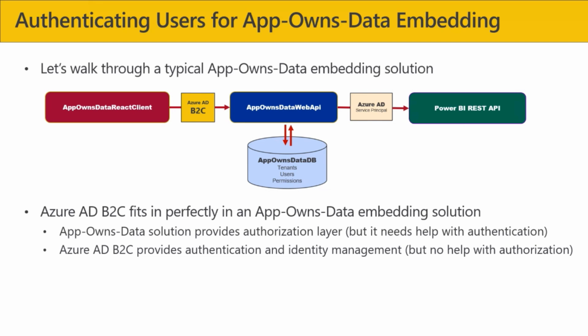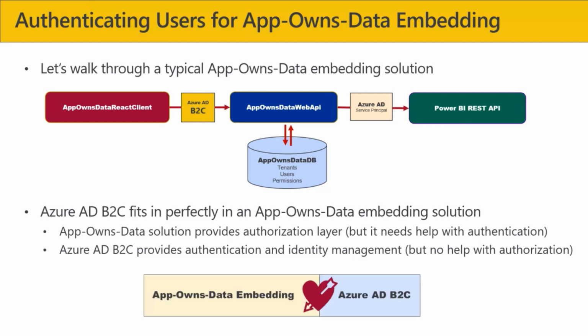Track users, track Power BI artifacts, create embed tokens that set permissions for users. But you need help with authentication. So there's Azure AD B2C that does what it does well. It authenticates the user and lets us manage those accounts and the user identity. It doesn't do authorization, but we don't need it. Okay, here's my one cheesy bit for today. App owns data, we see that there's just a really good fit here because the two complement one another.